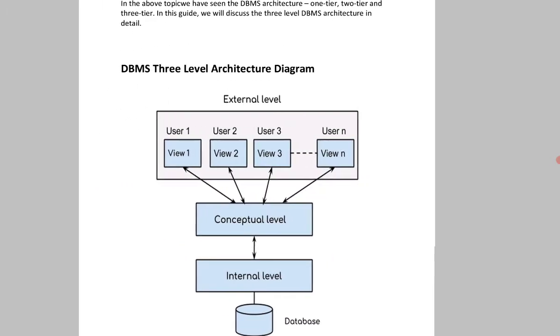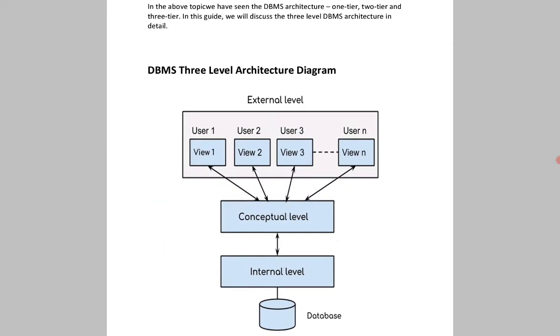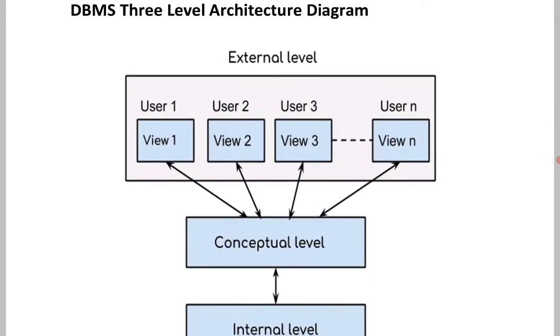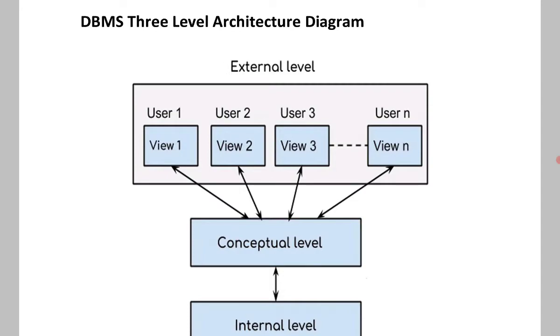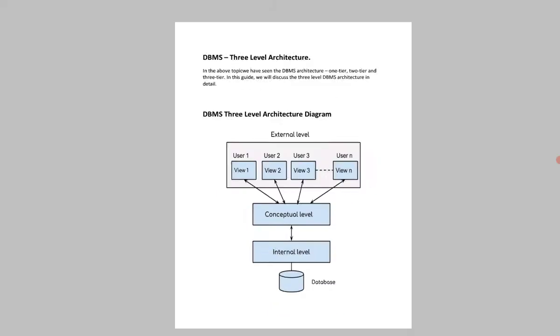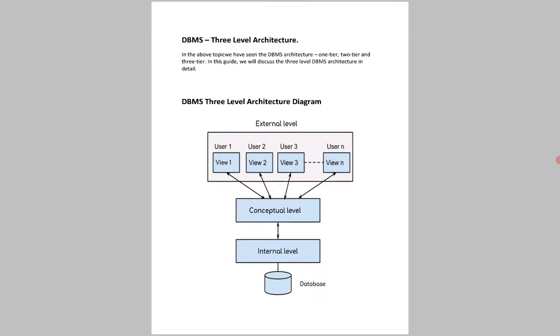See in this diagram, in the external view or external level, application users, developers, and end users, customers access the database directly without knowing the original structure or architecture of the database, so they can easily access the database by using some application programs or directly.